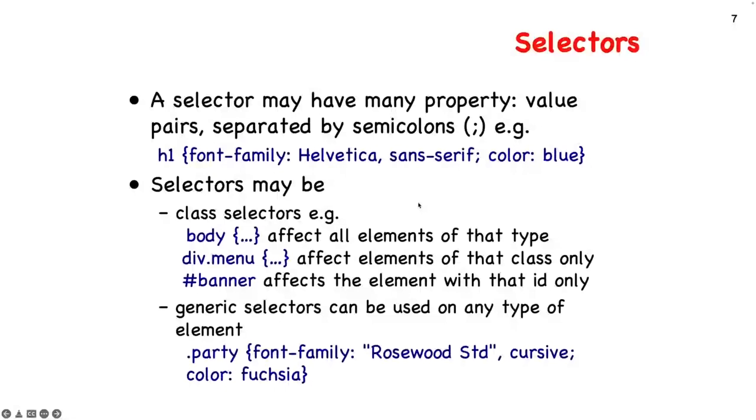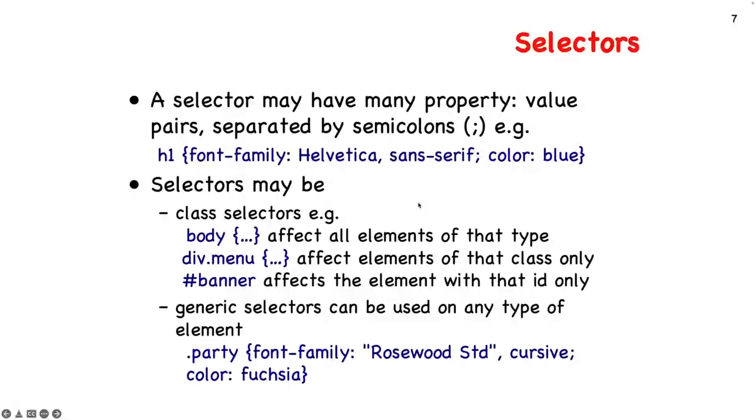We might have some divs which are of the class menu. This is where you've got div, class equals menu, ID equals whatever. If we've got a class of things like that, we can say, for that group of things, we want to do this.